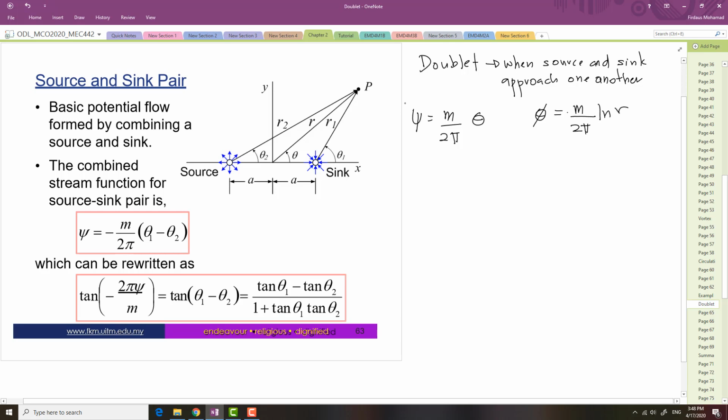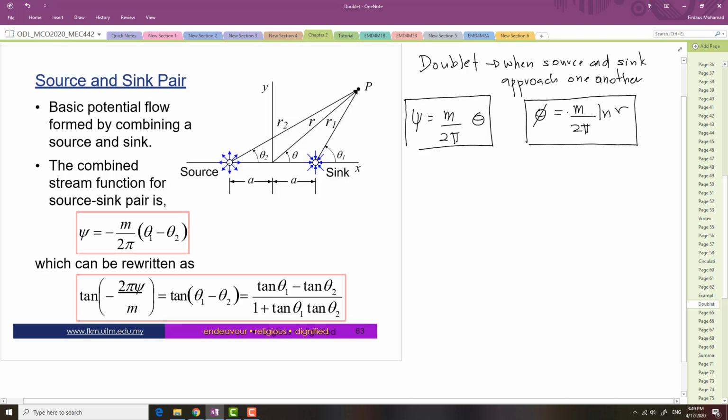So this is for the source and also for the sink. For this kind of example, we also use source and sink.